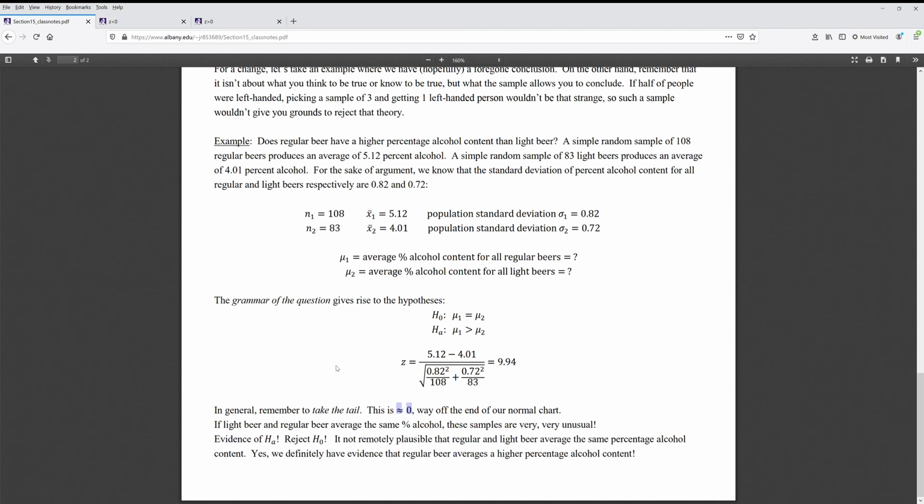Given that regular beer and light beer have the same average alcohol content, it's virtually impossible to pick samples of these sizes and have the regular beer average turn out as much bigger as it did than the light beer average. Conclusion, that is not what is going on.